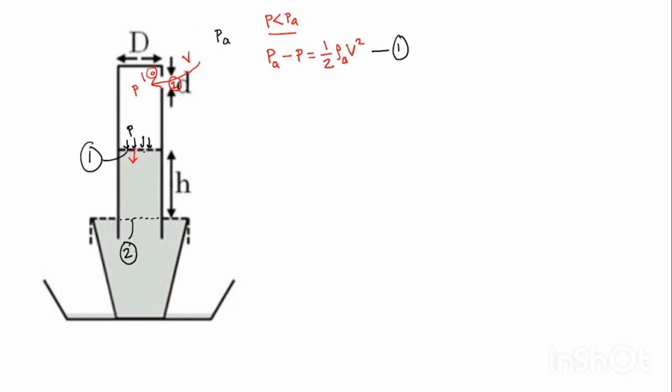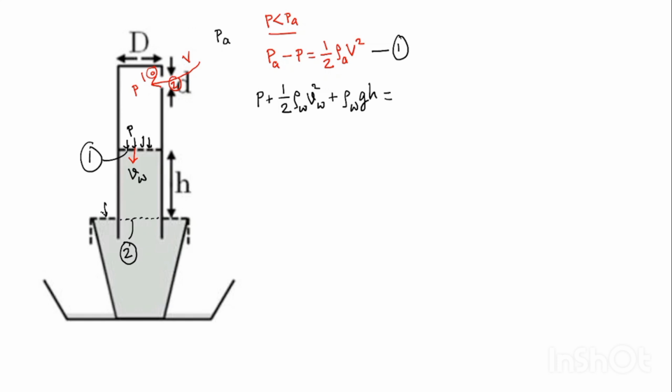What is the pressure over here? The pressure is P, same. So P plus half rho water VW square plus rho W G H, where VW is the velocity of the water surface. At 2, what is the pressure over here?